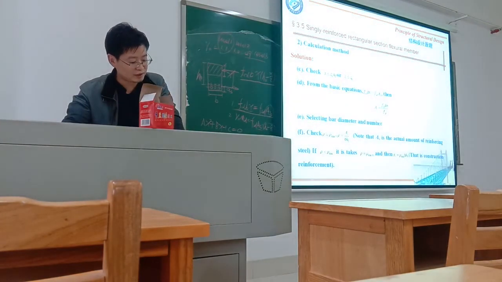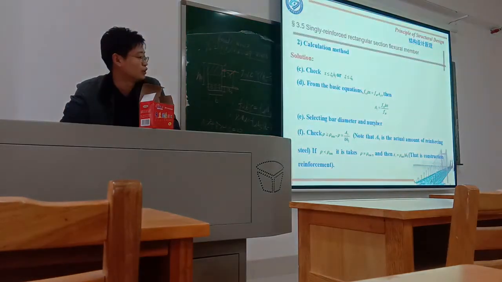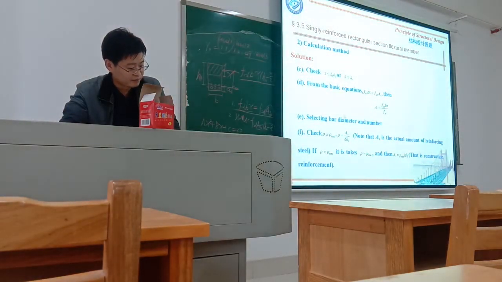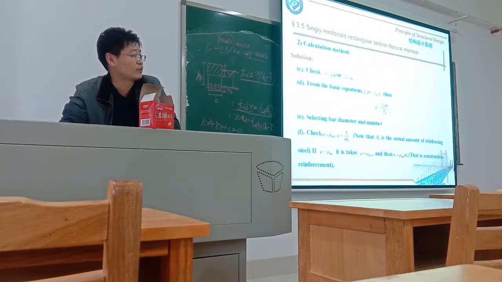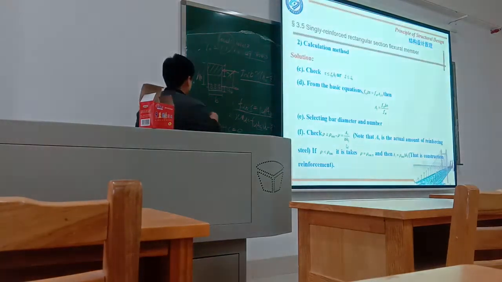So depending on what type of reinforcement you select and how many you use. So once you determine what diameter and how many you use, then you can calculate the real reinforcement ratio. Now you need to use the real reinforcement area AS, not this result, this is the result you calculated. You should go to the real AS. And actually, in this step, another value you need to calculate is this small AS.